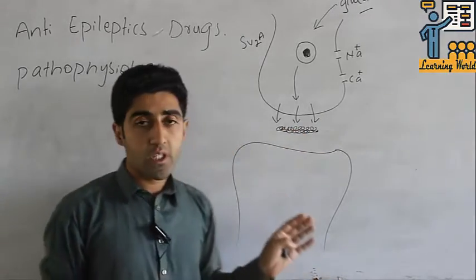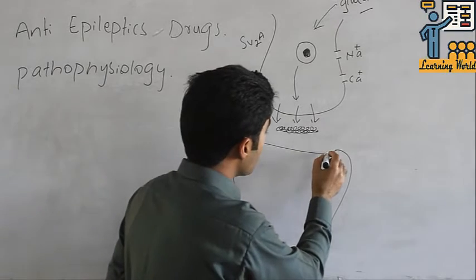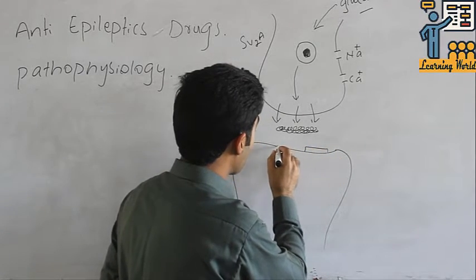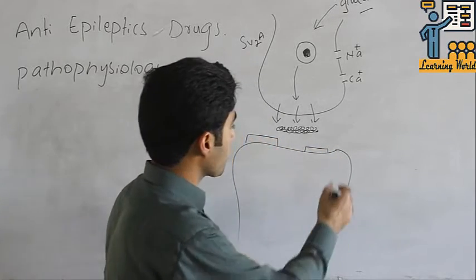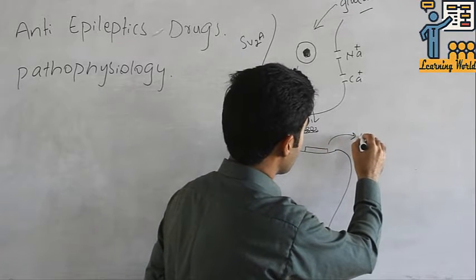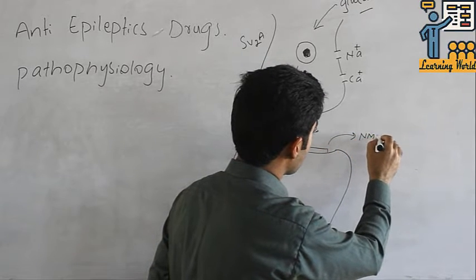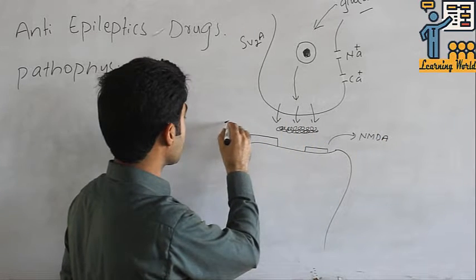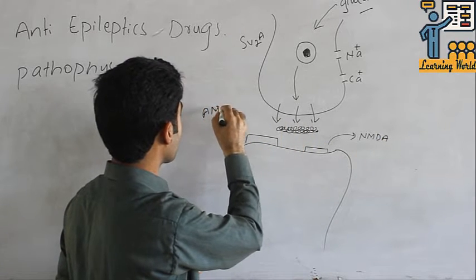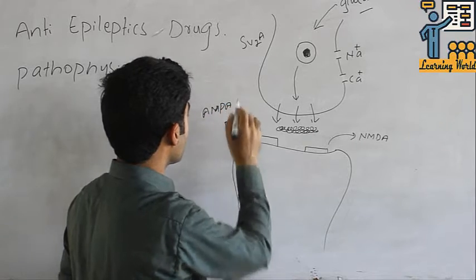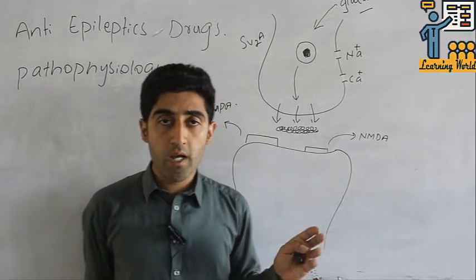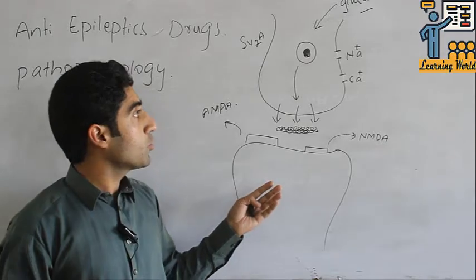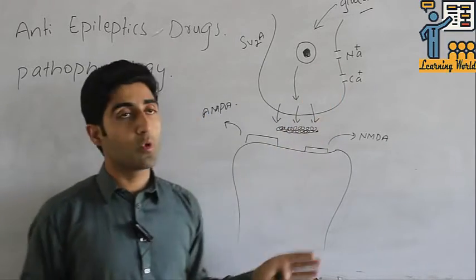Here in the postsynaptic membrane, two important receptors are present: the NMDA receptor and the AMPA receptor. These two receptors play the most important role in the attachment of glutamate.